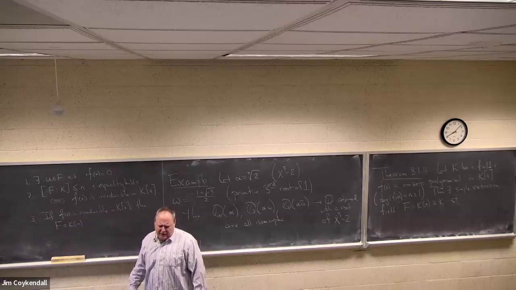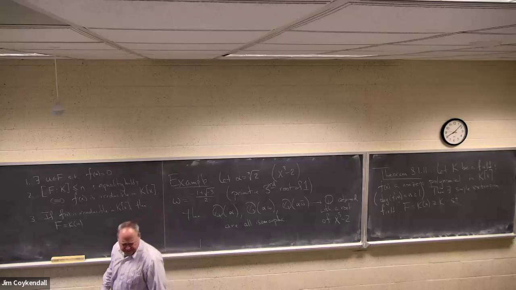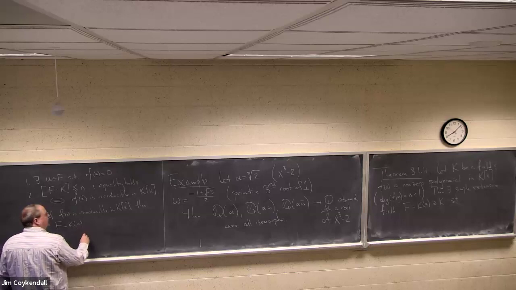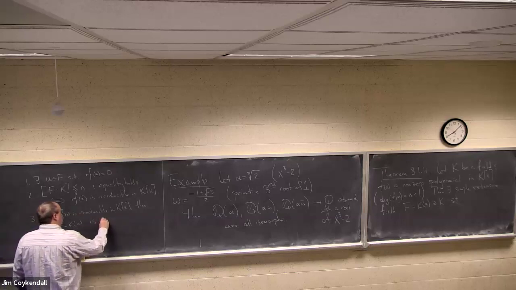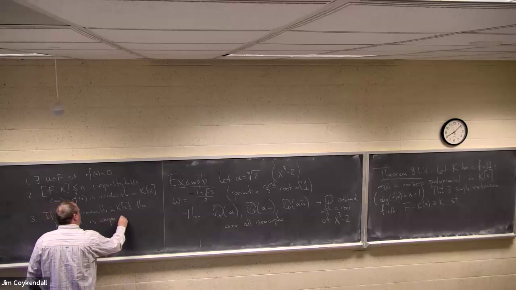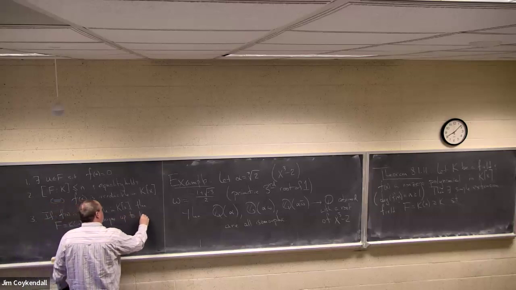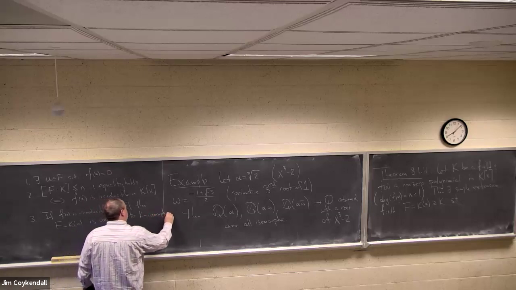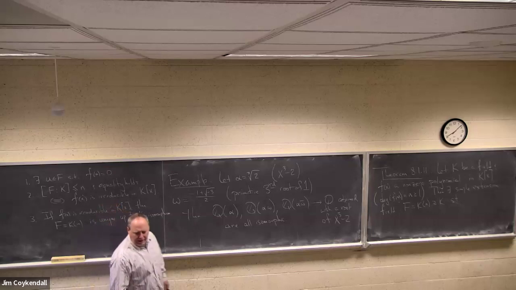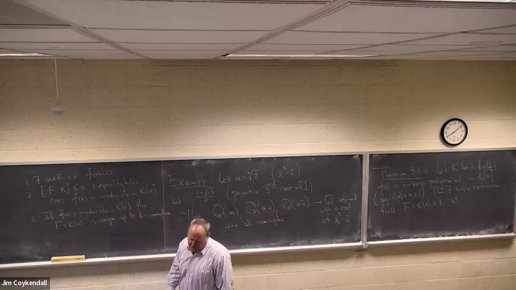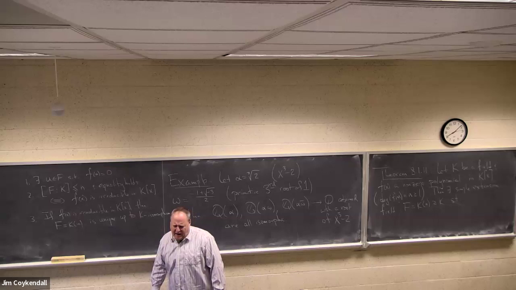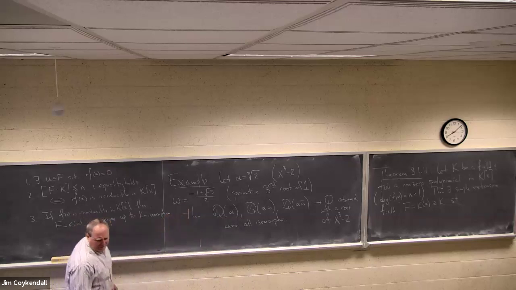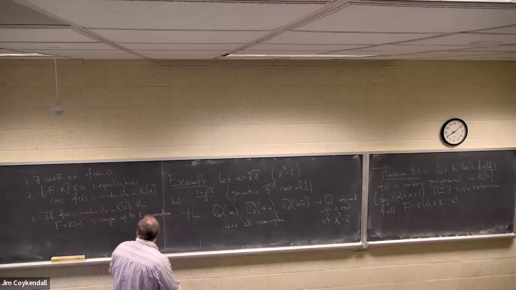What I mean by that, it's unique up to adjunction, unique up to K-isomorphism. What I mean is an isomorphism of fields that fixes K. K(u) is called the field obtained by joining a root of f to K.